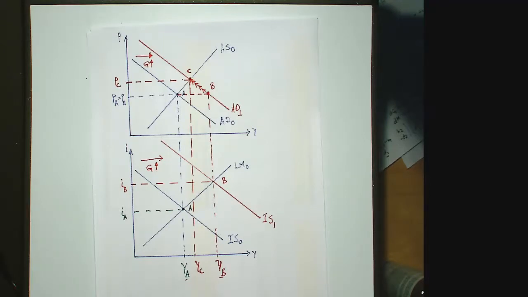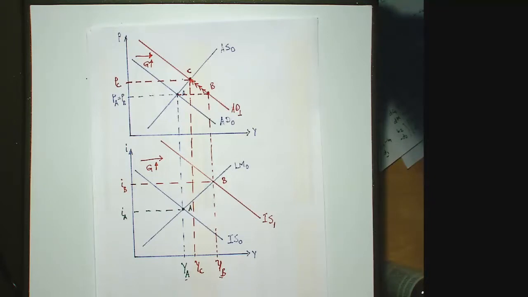The reduction in real money supply is caused by the increase in price, because if P is increasing, the whole term M divided by P is decreasing.